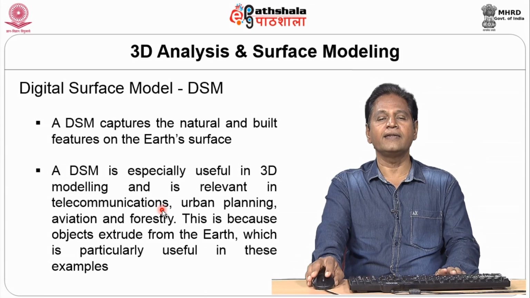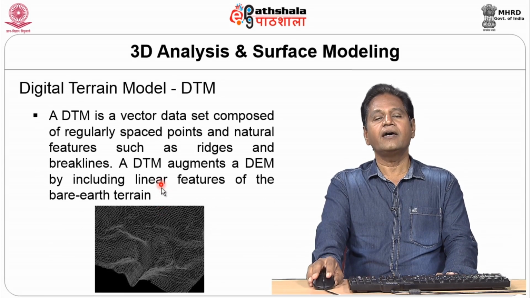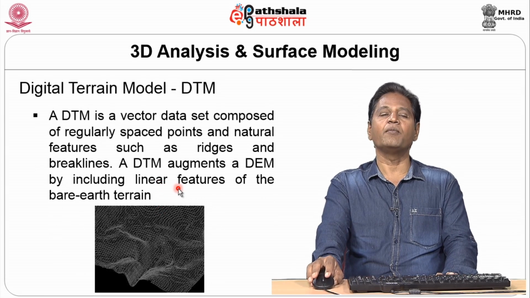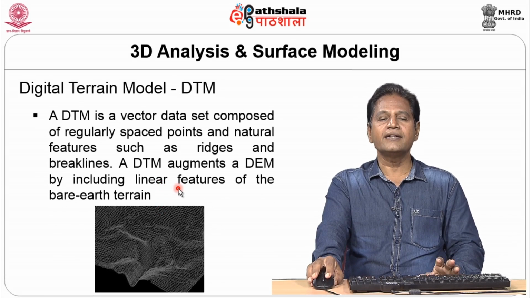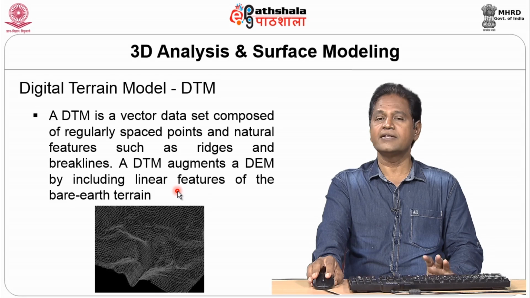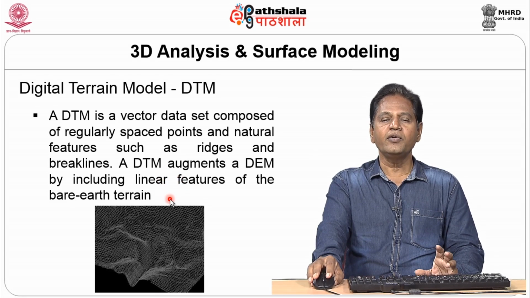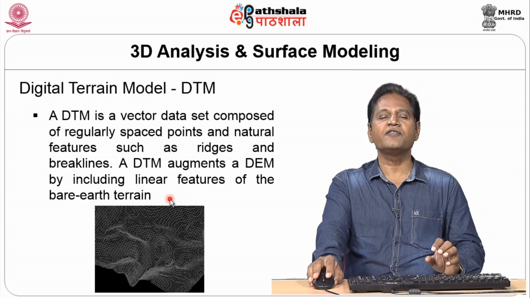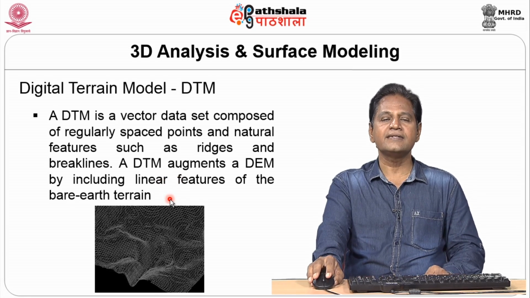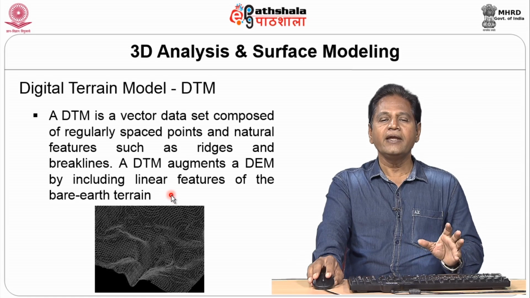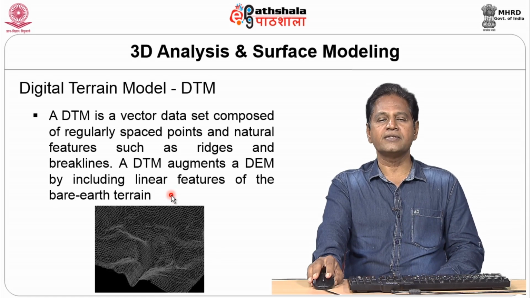So, you model that. We have another context called the digital terrain model. DSM is for your natural and built-in objects, whereas for a DTM, you use natural features like ridges and break lines, along with regularly spaced points.